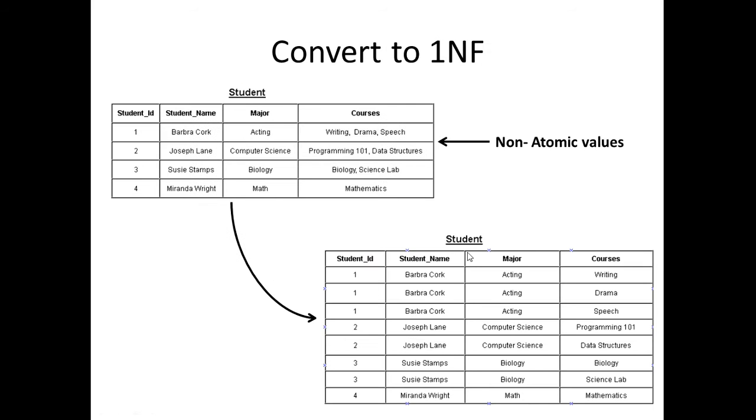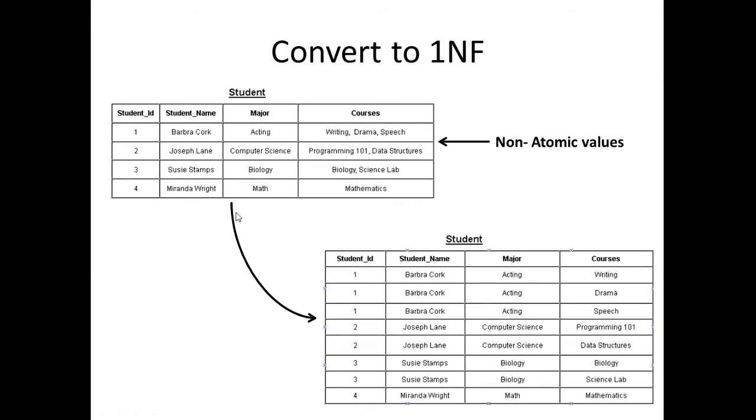All right, so this is how you would do it. Let's say we have this table here, the same table that we had before. It consists of non-atomic values, which means that this courses column right here does not consist of a single value, but it consists of 3: writing, drama, and speech. Now to convert this to first normal form, we would have to really think about the structure of the table and then rewrite the table so that every cell has a single value.